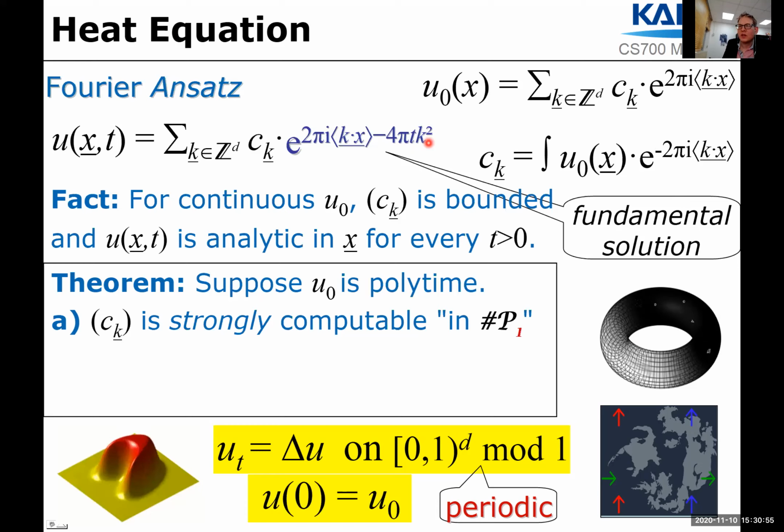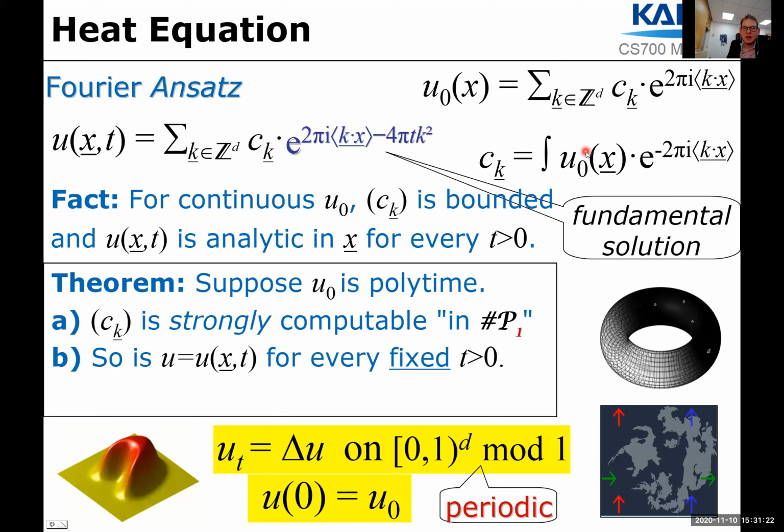Strongly, recall, means the index is given in unary, and computable in sharp P1 means if FP1 is equal to sharp P1, then the Fourier sequence is computable in polynomial time, right? Yes, sharp P1, because this is definite Riemann integration. That's the first statement of the theorem.